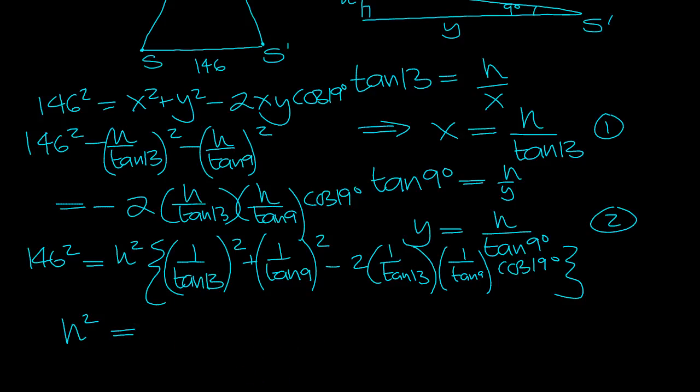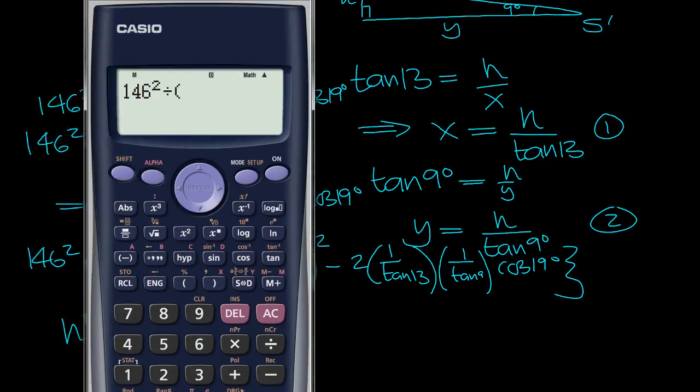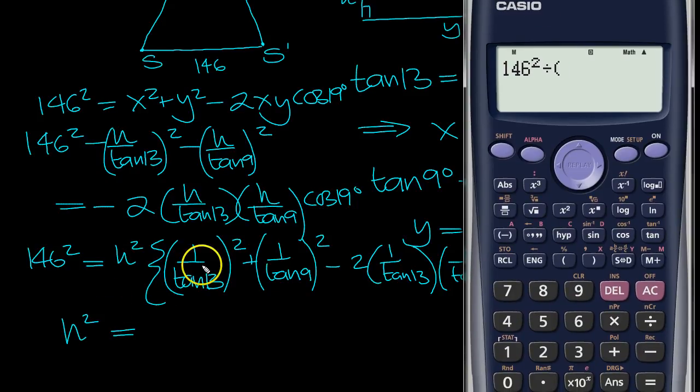So let's type that in a calculator then. We've got 146 squared divided by big bracket. Now all this stuff in the bracket I'm going to move down underneath.